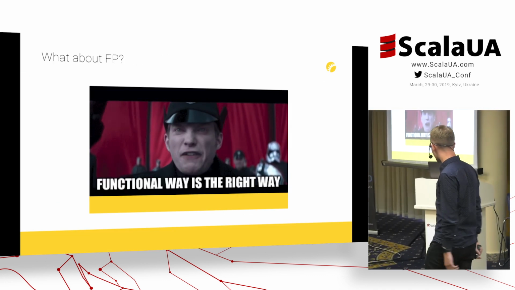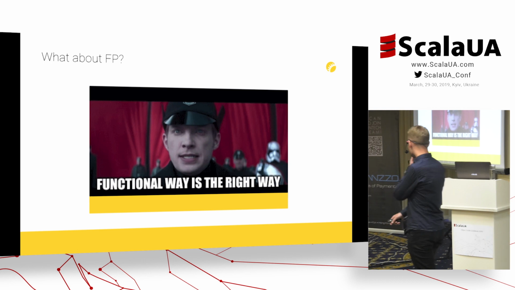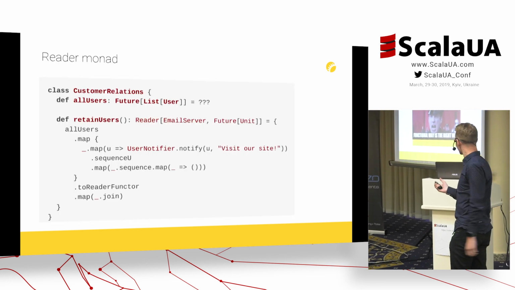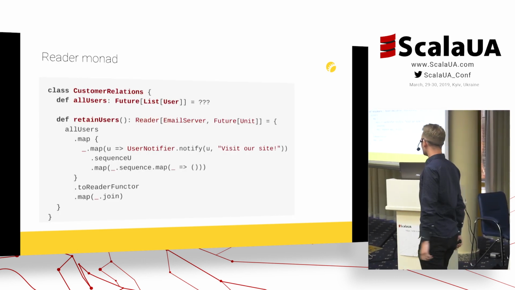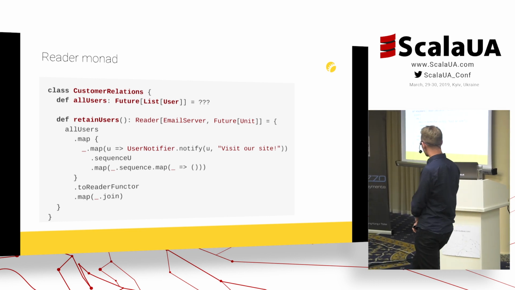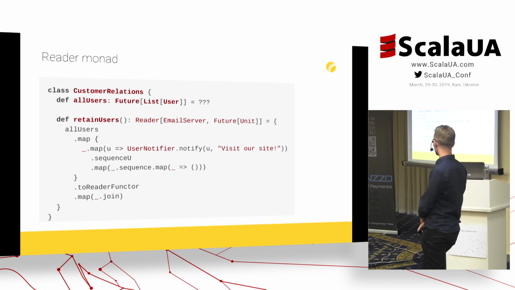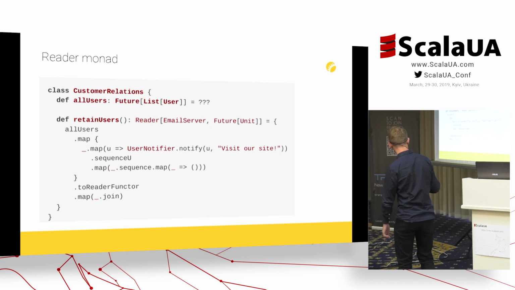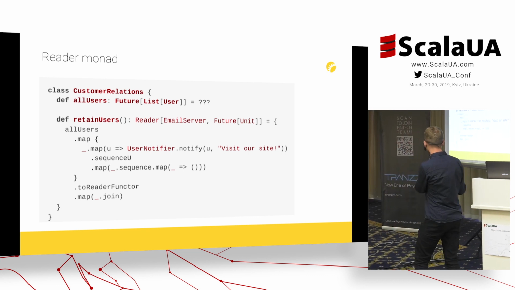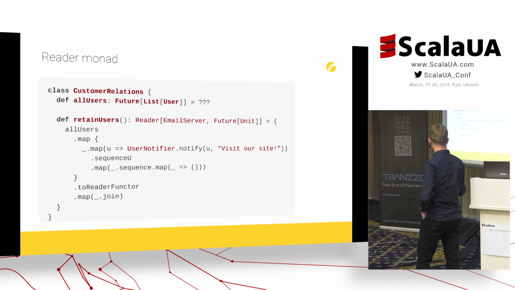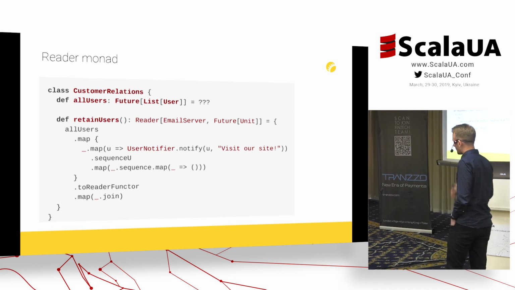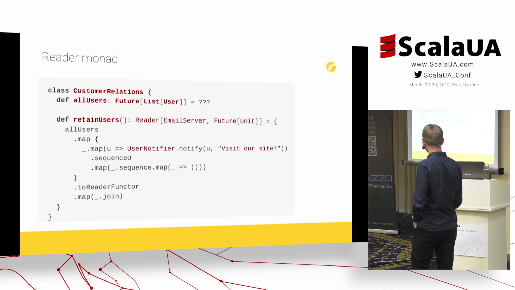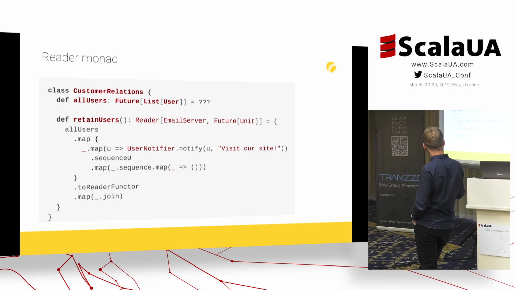What about FP? We'll talk about reader monads. Actually, the reader monad is just an abstraction over functional composition. In this simple case, we have some dependency called email server, something to send emails, having some method returning future users.